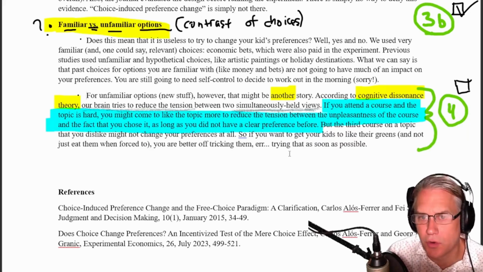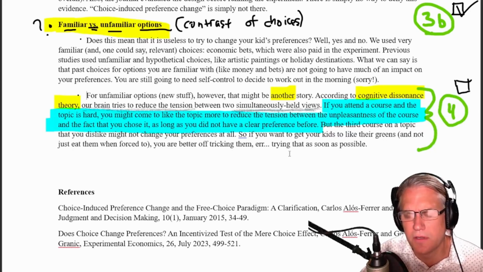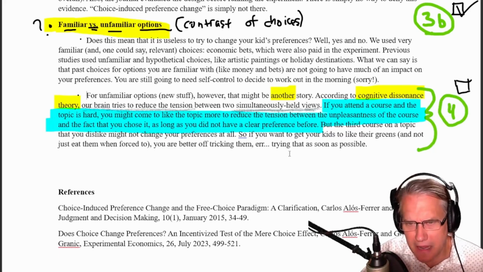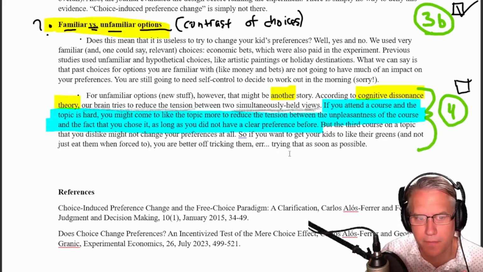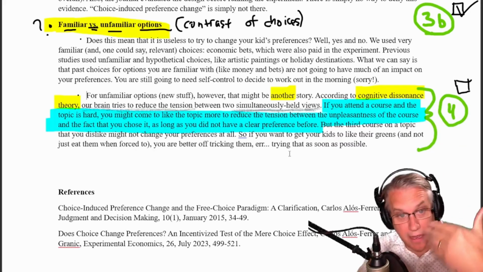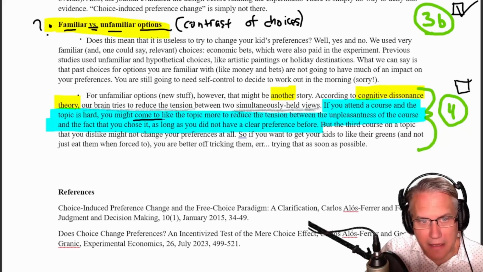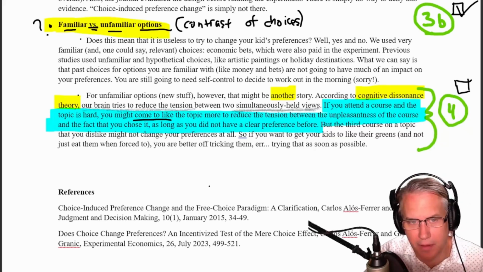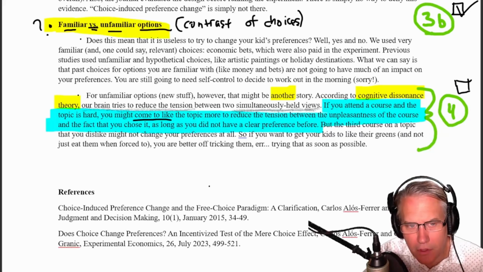So it's a college course. So you sign up for a university course, you're there in class, and it's difficult. It's hard. It's a difficult topic. You might come to like, as we saw before, eventually like it. You might like that topic more.